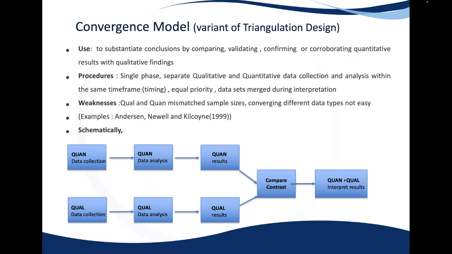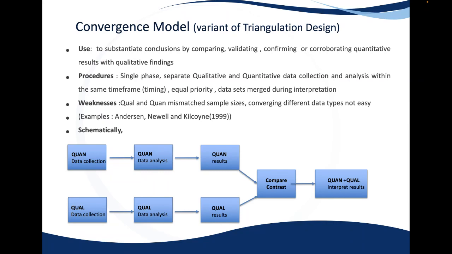So if you're clear that you're actually going to literally do all of the data collection, analysis, and presentation of results separately, and you're only going to compare and contrast at the point of interpreting the results, then you know you've got a convergence model, which is a variant of the triangulation design.